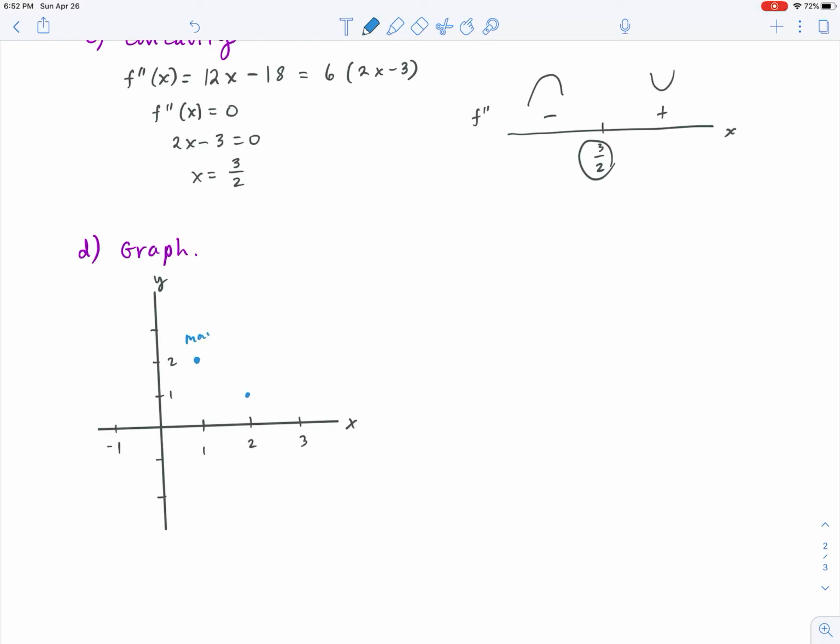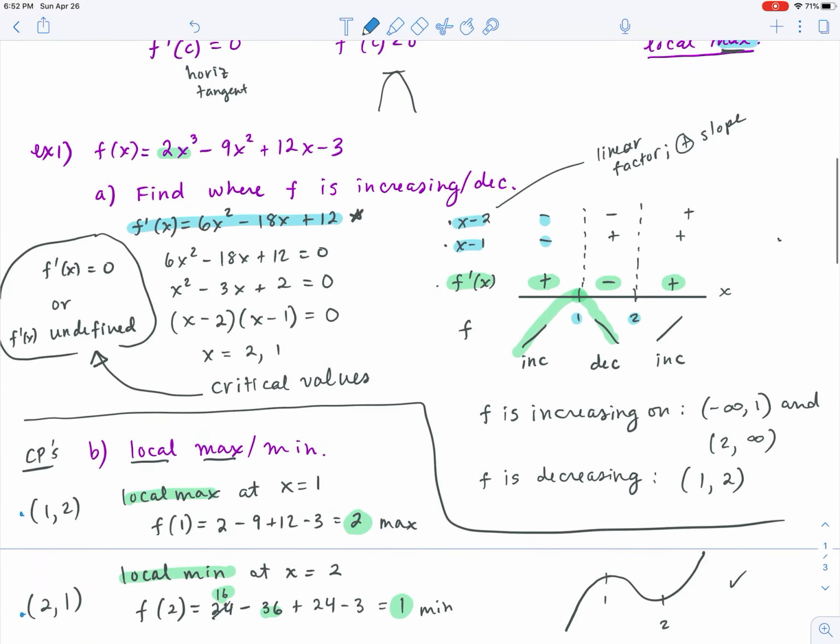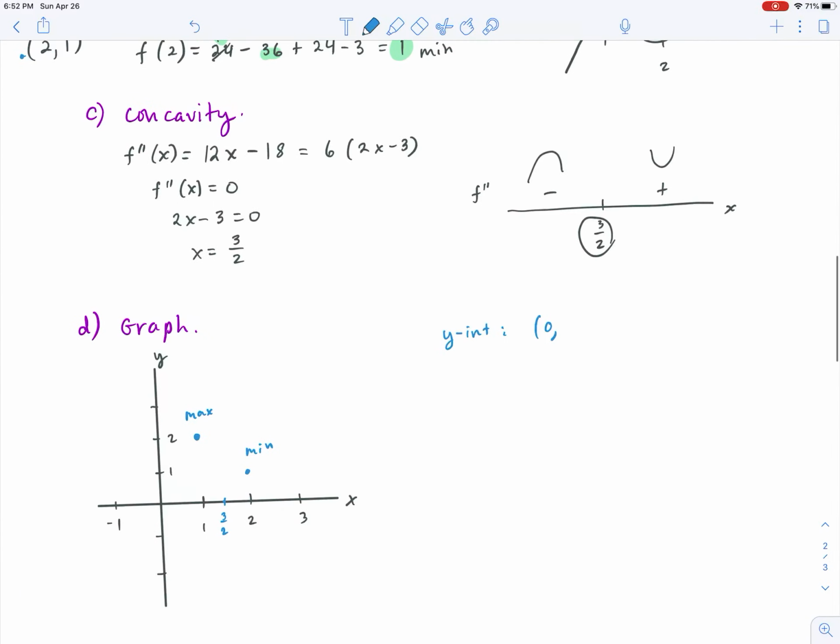This is a max. This is a min. We know at 1.5 we're going to get a change in concavity. And that really isn't enough to get a super good picture, but if we add things like the y-intercept, so when x is 0, f is -3. So that's going to be down here.